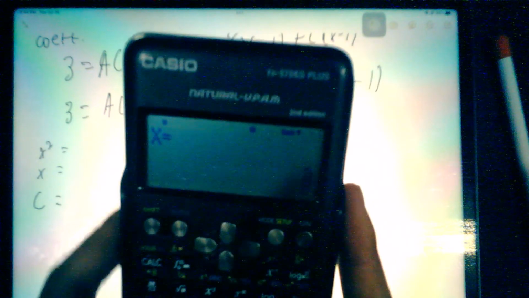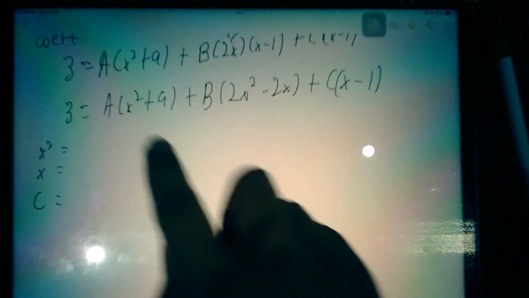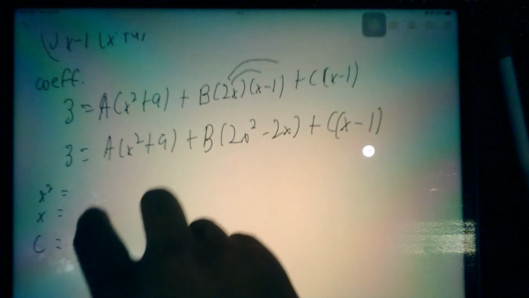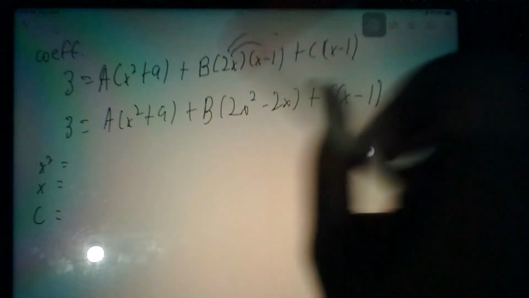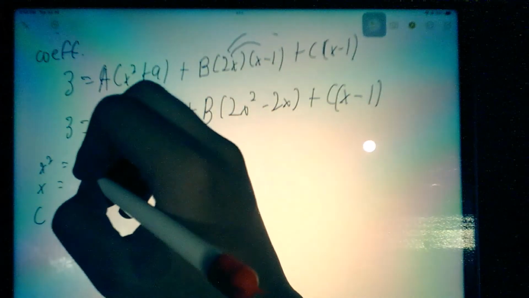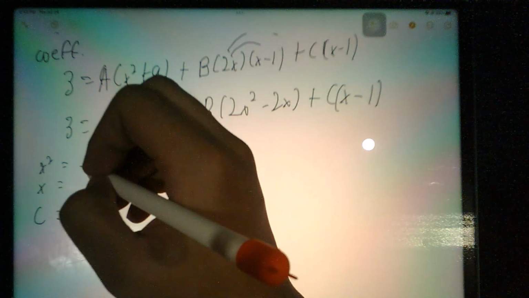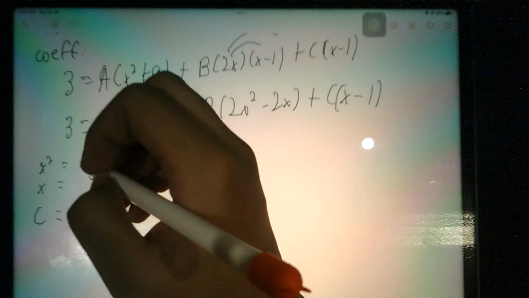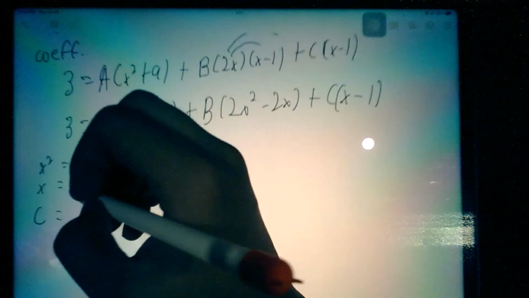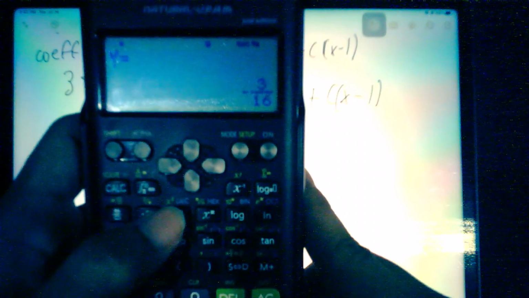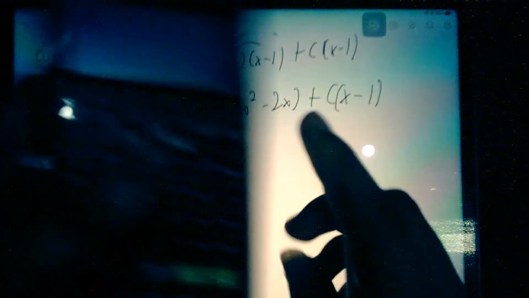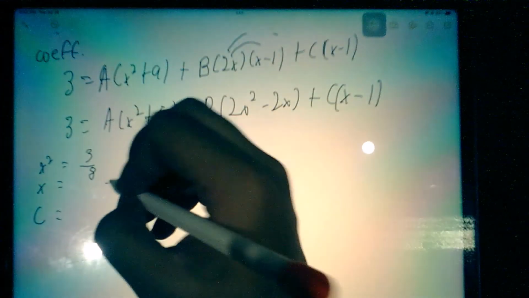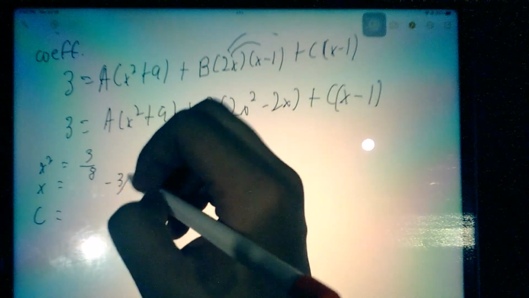Now we are ready to find. So x here represents our x squared here. So our first here is x is equals to 3 over 8. Our y here represents our x, so y is equals to negative 3 over 16.